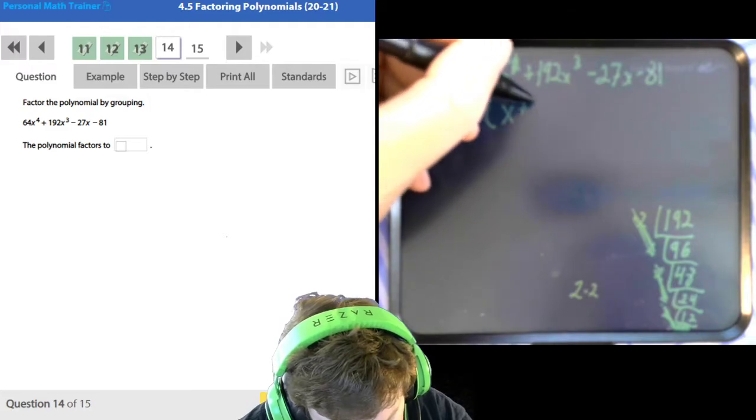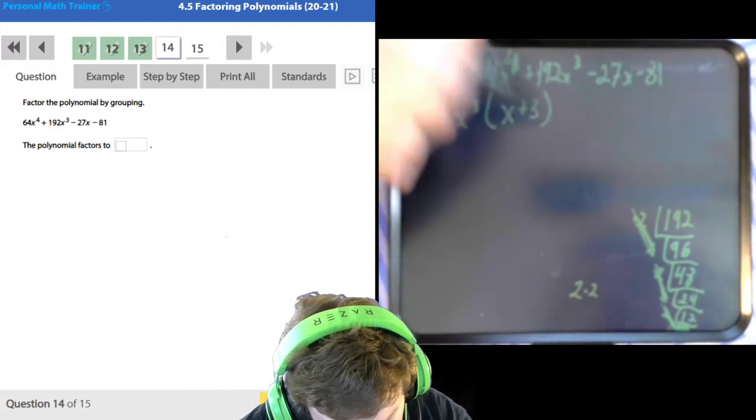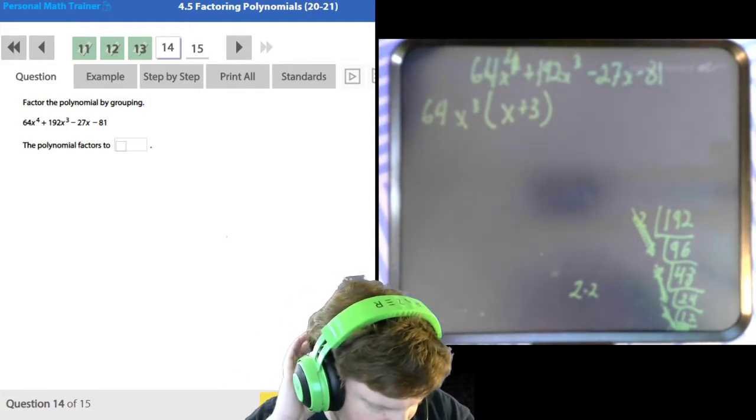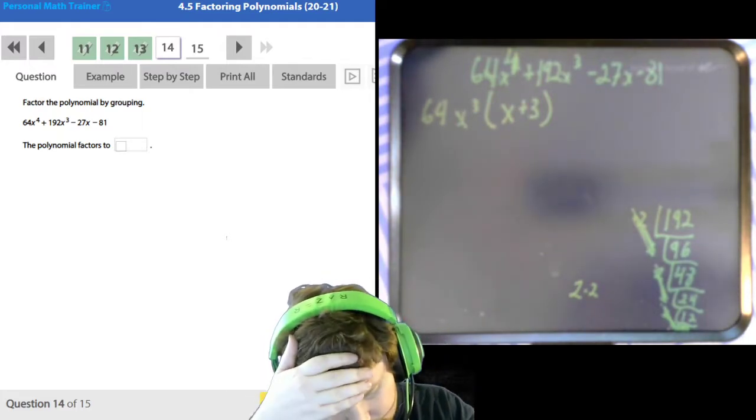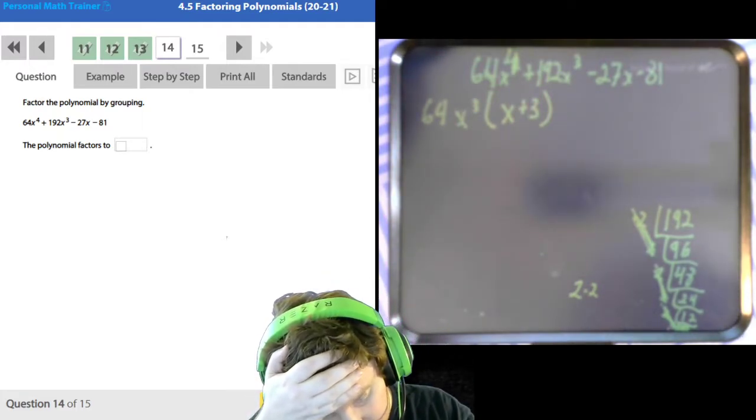So that leaves us with x plus 3 on the inside. Is that right? I do believe so.